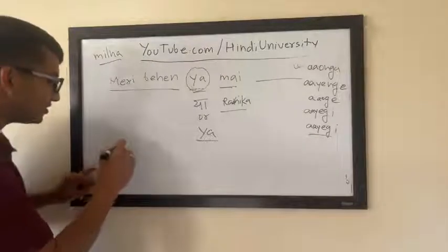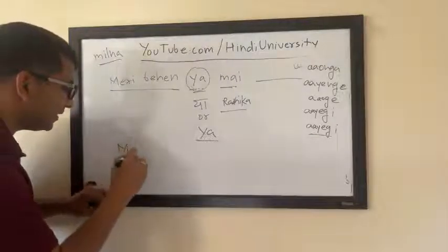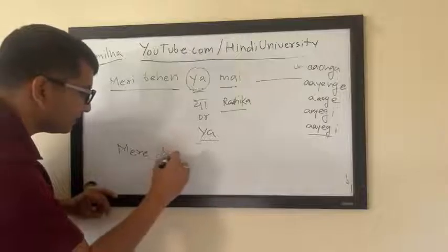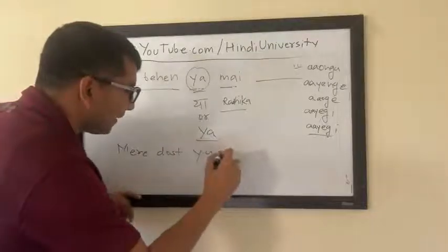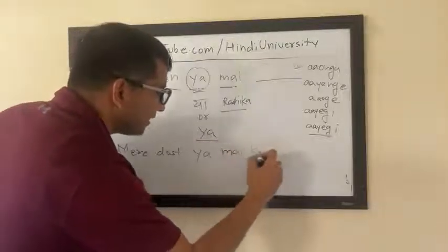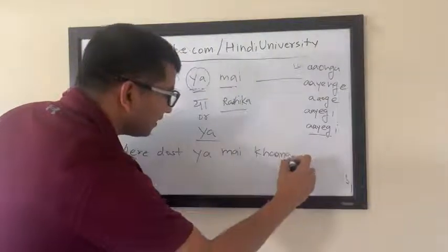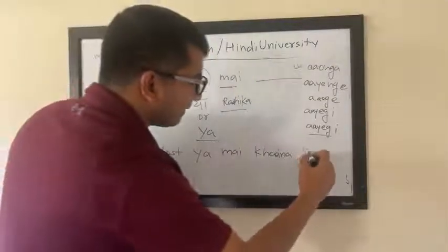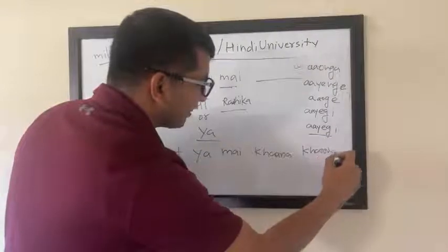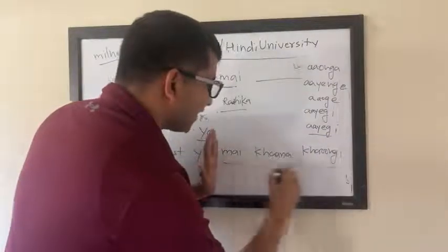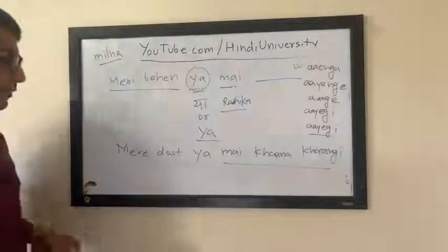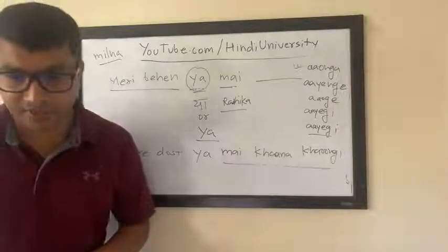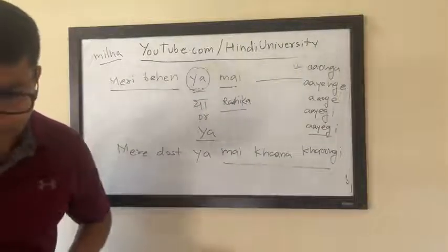Okay, so your sentence is मेरी दोस्त या मैं खाना खाऊंगी. Yes. Okay, awesome. It's just like मैं खाना खाऊंगी. मेरी दोस्त या मैं खाना खाऊंगी. Grammatically correct. Awesome. Anyone else?